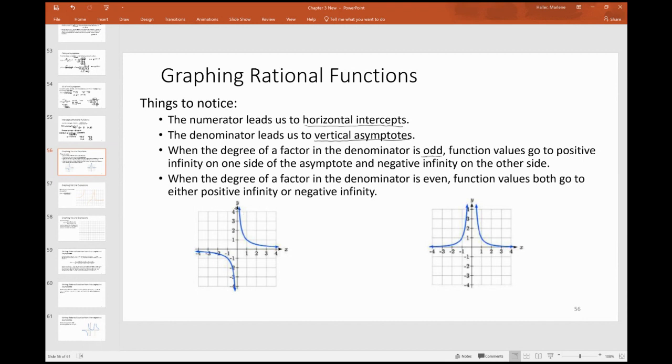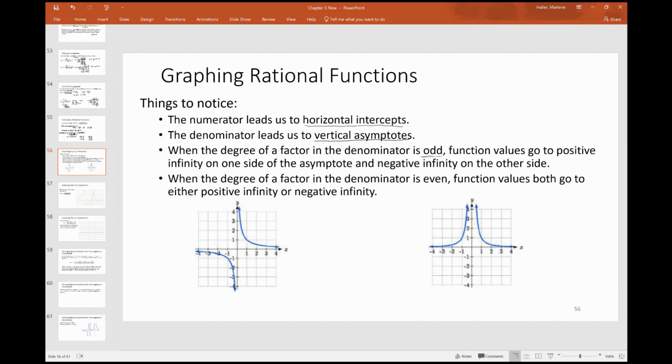Look at this example here. When the degree on the factor that leads to the vertical asymptote is odd, the graph goes off into opposite directions. I remember this because it's the same thing that happens with odd degree power functions, right? With power functions, it's the end behavior though.